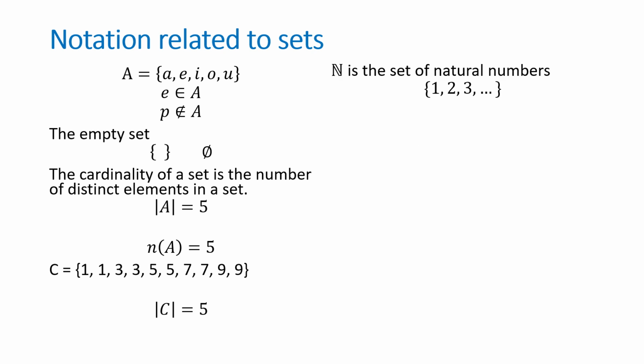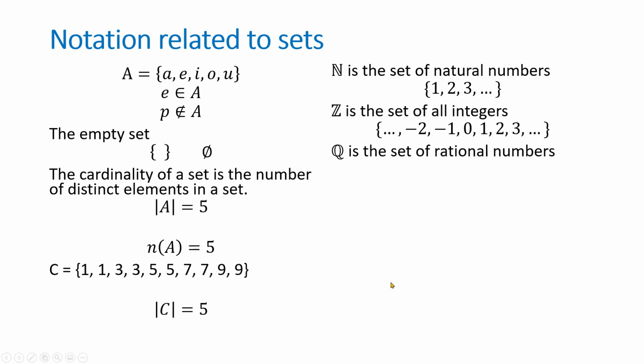And we'll look at some other sets of numbers. N is a set of natural numbers. Z is a set of all integers. Q is a set of rational numbers.